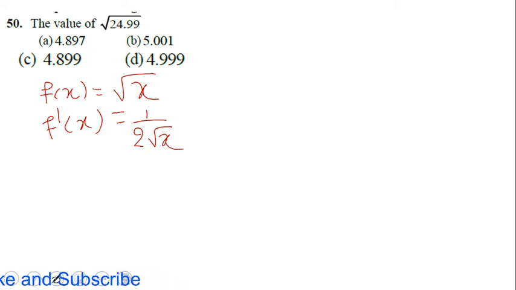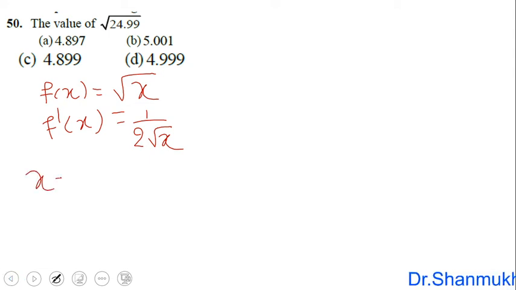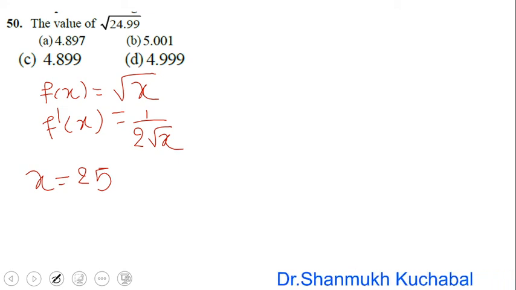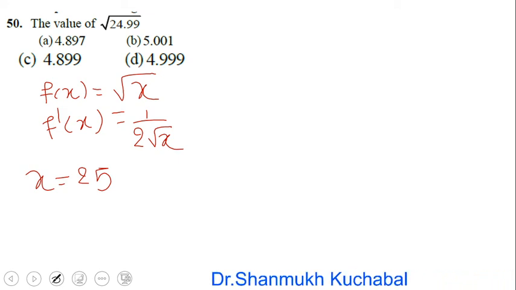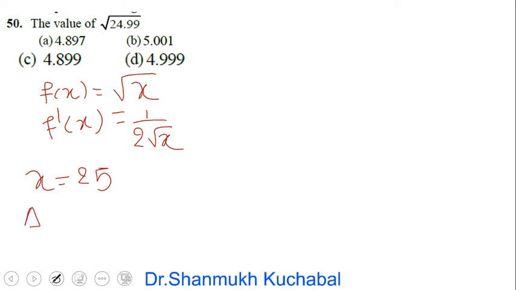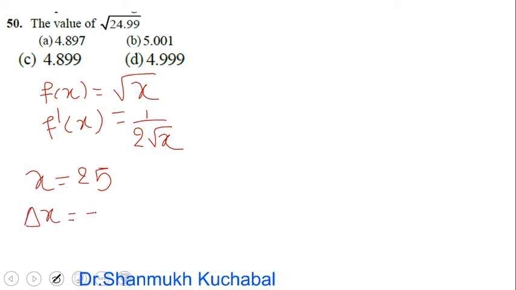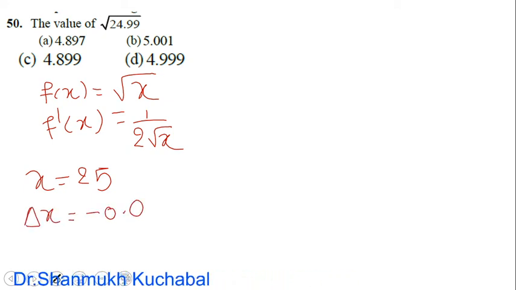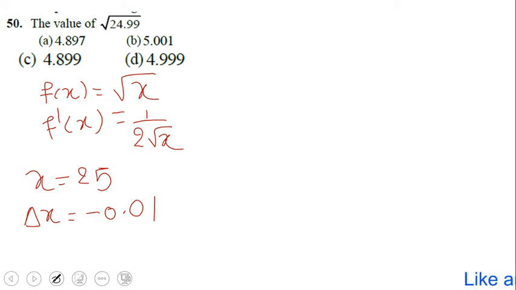This 24.99 is near to the perfect square 25, so we calculate the difference between 25 and this, which is minus 0.01.